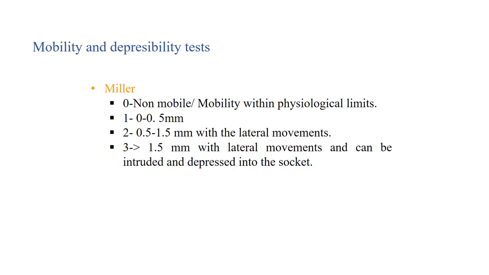When there is acute inflammation, in many cases there is a good chance that the patient may have grade 1 to grade 2 mobility. And once the treatment is initiated, the mobility will come down. Nevertheless, we must do the mobility test so that after we initiate the treatment, we know how much the mobility has been brought down.